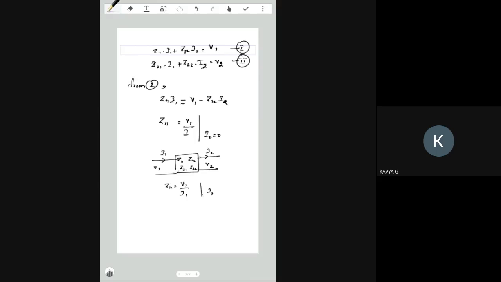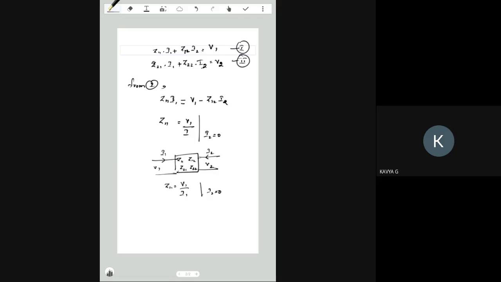I2 equal to 0 means there is no current flowing from outside to the inside. If I change the direction of I2 it will be clearer, but for now you can keep it like this. It means this two-port device is unidirectional.